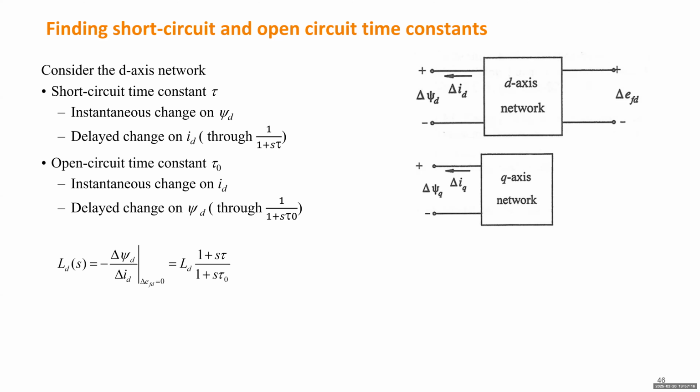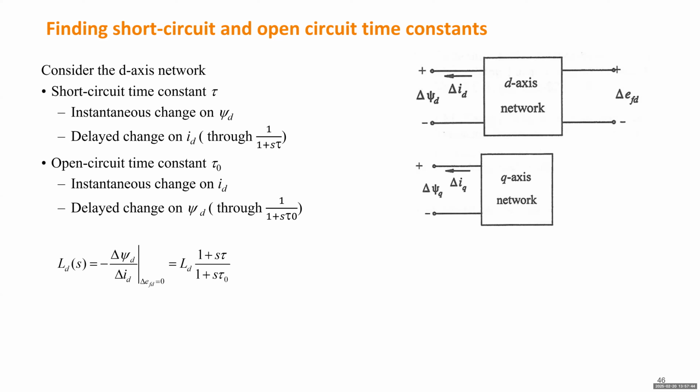Okay. Then we can reasonably guess. So LD, earlier we have LD, which is just a constant value. It only changes when you have saturation. But here, if we ignore saturation, or we assume only a specific operating condition, we already know the steady state value of LD. But here we want to change LD to some function of time, or in the frequency domain, a function of frequency.